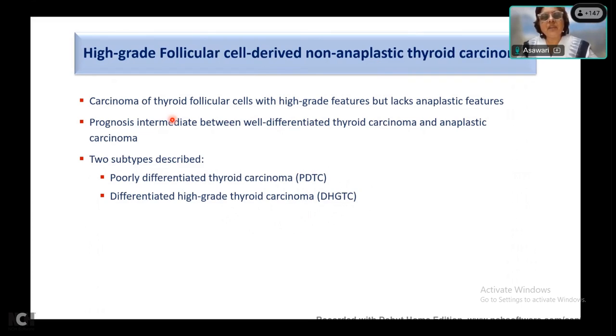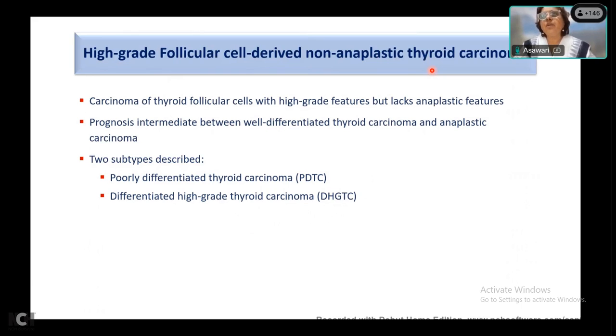So now this one entity, high-grade follicular cell-derived non-anaplastic thyroid carcinoma, you have to understand the concept behind this. If you take follicular-derived malignant tumors, all those papillary carcinomas and follicular carcinomas, when you compare with them, the prognosis of these tumors is worse. But when you compare with anaplastic carcinoma, it is still better.